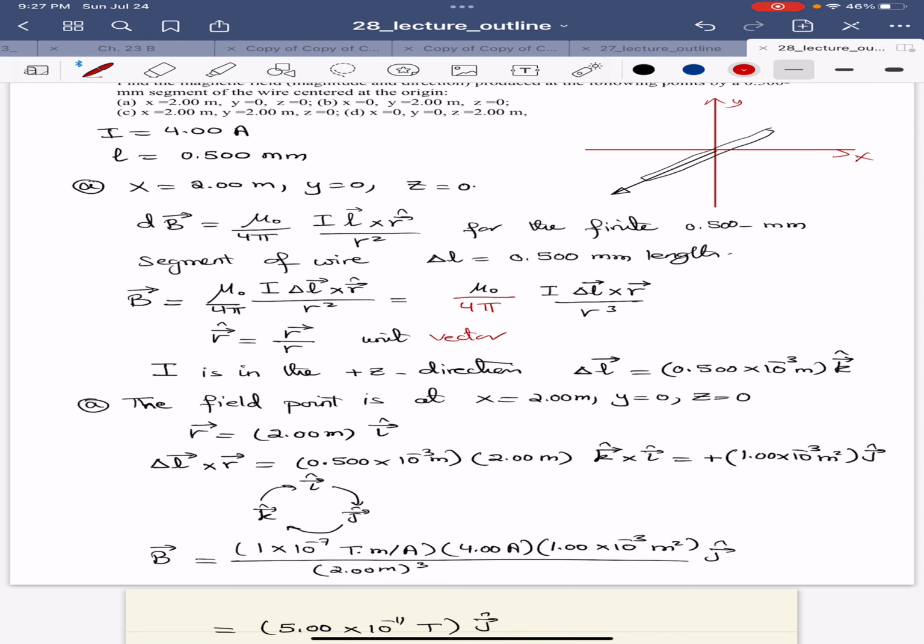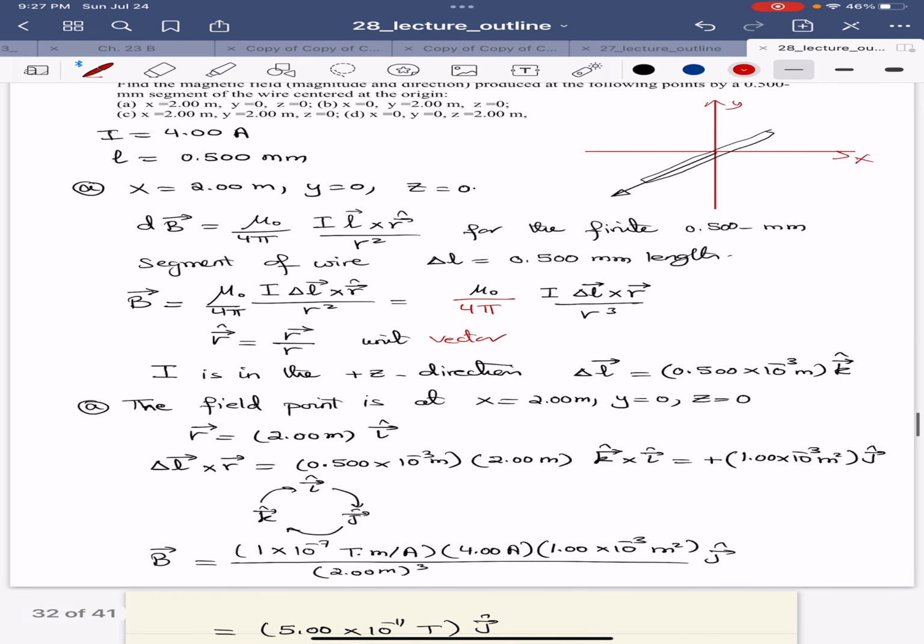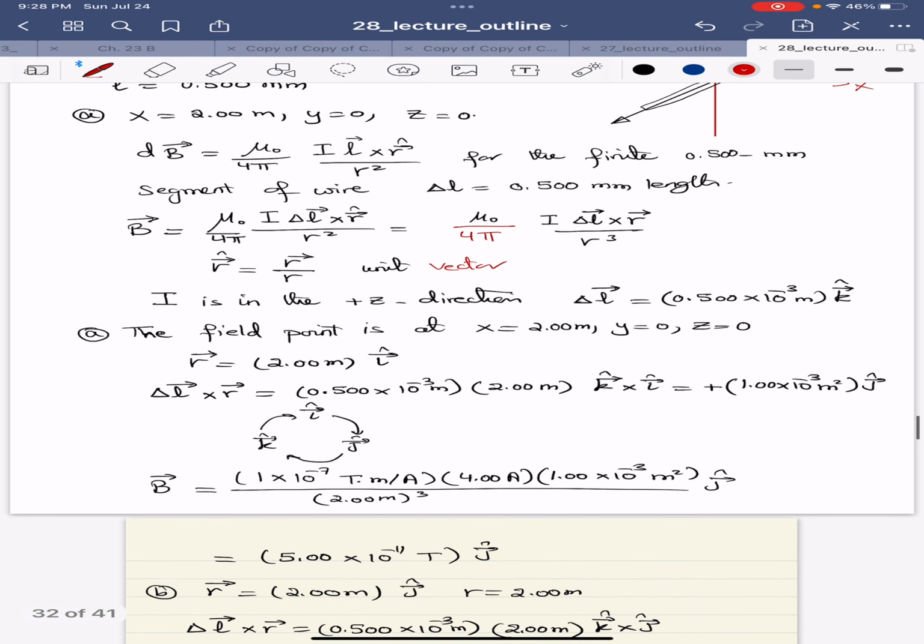Now I is in the plus z direction, and delta L is in the k direction because it's along the z. And then I will find the field point at x, which is 2 meters, y is 0, and z is 0. Now r you can write in the ijk form, and then you first have to calculate delta L cross r. You need to pay attention that you multiply the numbers, and you also multiply the two unit vectors, k cross i.